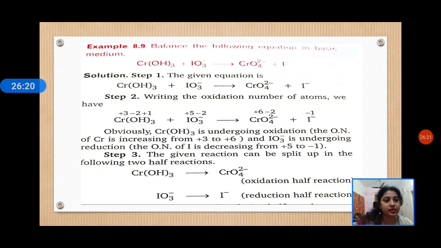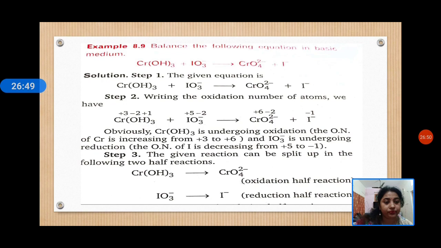Let's proceed. The reaction is given. The first step is to note down the reaction. The second step is to write the oxidation number of every atom. The third step is to find the change in oxidation number, to identify the oxidation and reduction. In the above reaction you can see that chromium on the reactant side is +3, and on the product side it becomes +6. +3 to +6, an increase in oxidation number, shows oxidation.